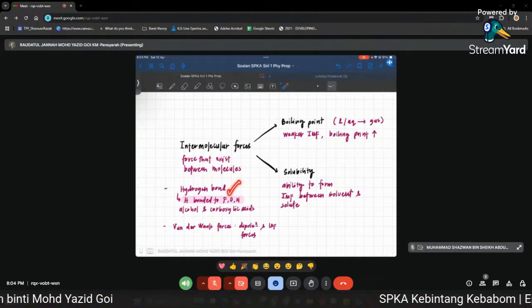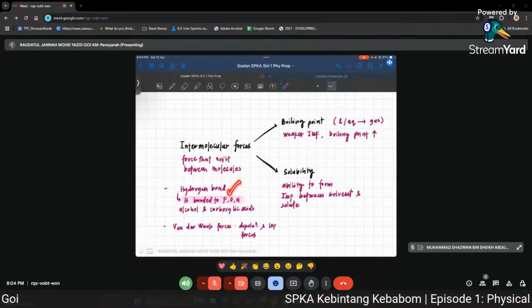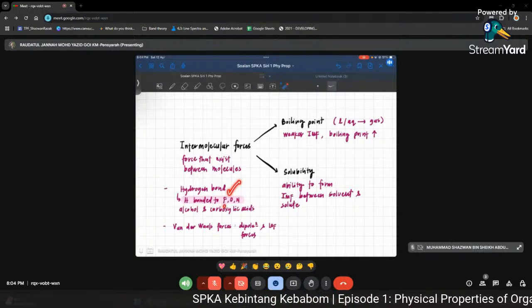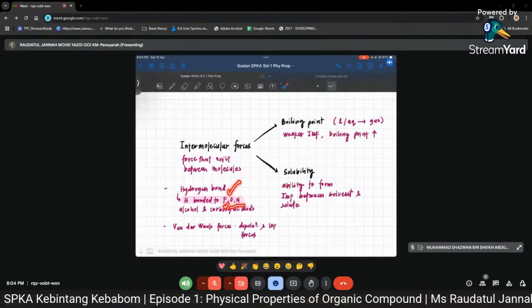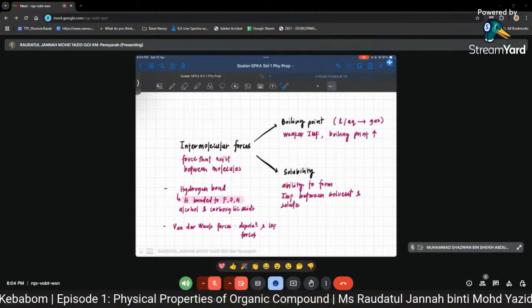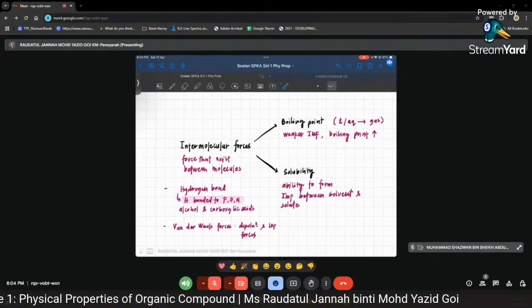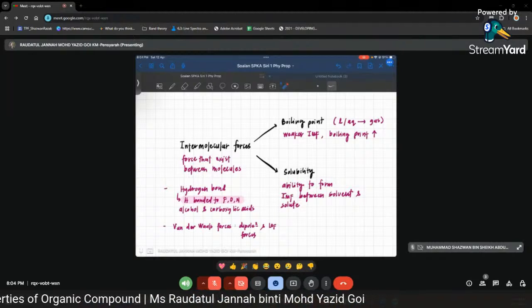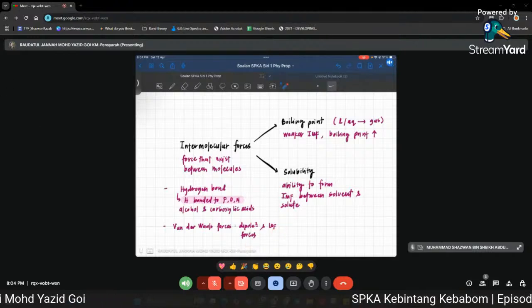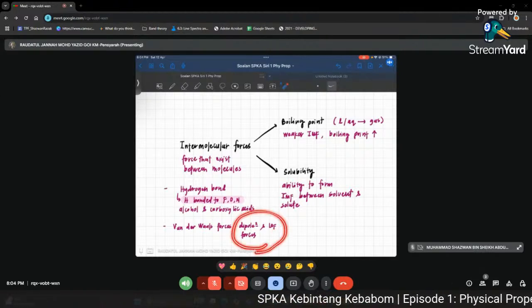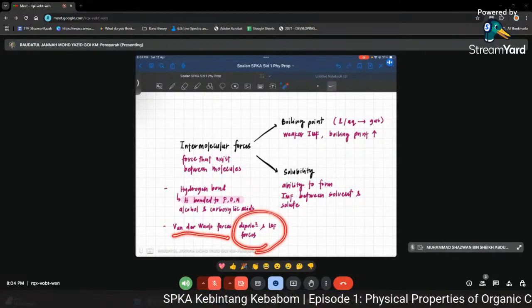Dia mesti ada hydrogen that is bonded to the top 3 most electronegative atoms, which is either fluorine, oxygen ataupun nitrogen. Another type of intermolecular forces yang you akan jumpa adalah dipole-dipole forces and London dispersion forces. But this time usually kita akan compile these two together under van der Waals forces.